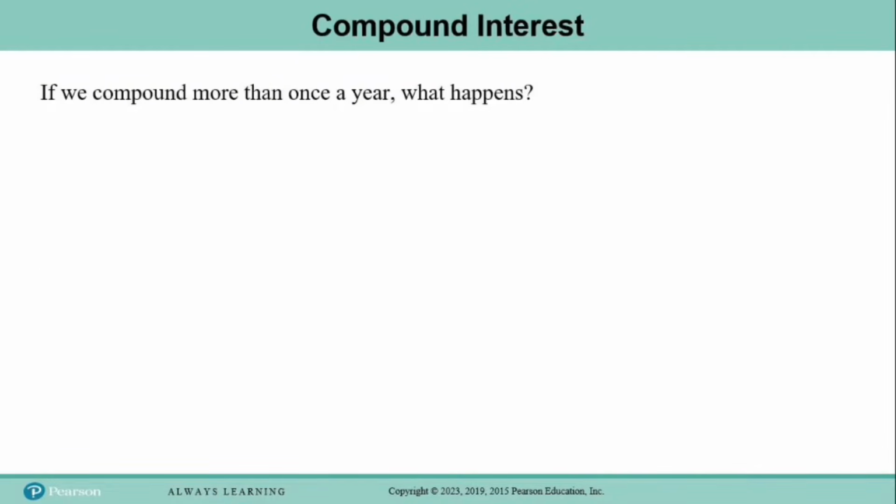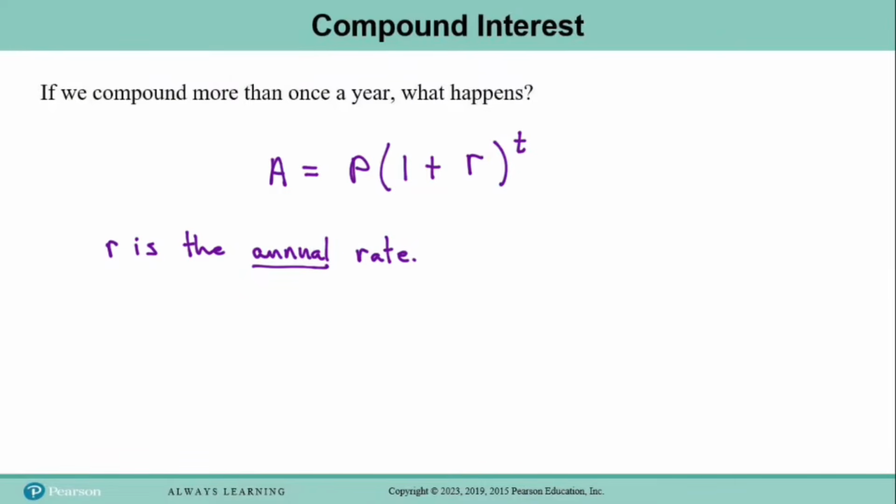And now what we're going to do is take our standard formula for compound interest based on compounding once a year, and adjust it for compounding more than once a year. R is the annual rate, of course, and if they're going to compound more than once a year, they're not going to pay you the entire percent that R represents for just that part of a year.